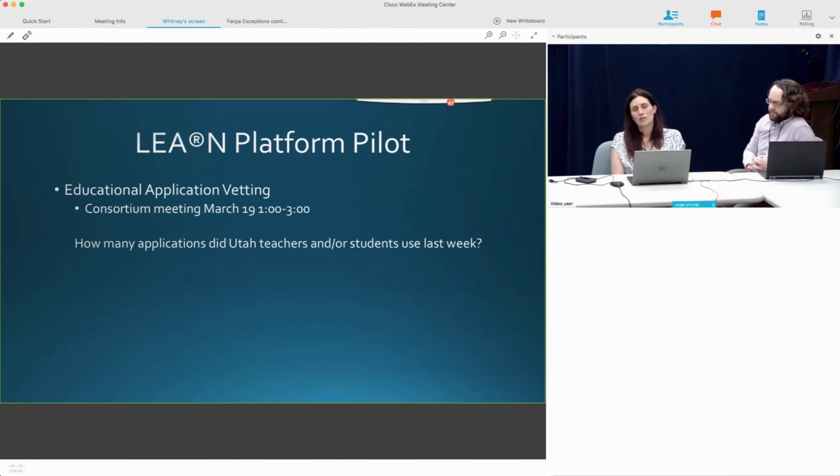Whether you use Learn currently or not, we thought that Learn would be a good partner with us because they have all of the information and the infrastructure with all of the applications and the Chrome extensions of what is actually being used out there. They also have the structure at the state, LEA, and local level to make sure that curriculum directors, for example, are able to display which applications are acceptable for instructional use.